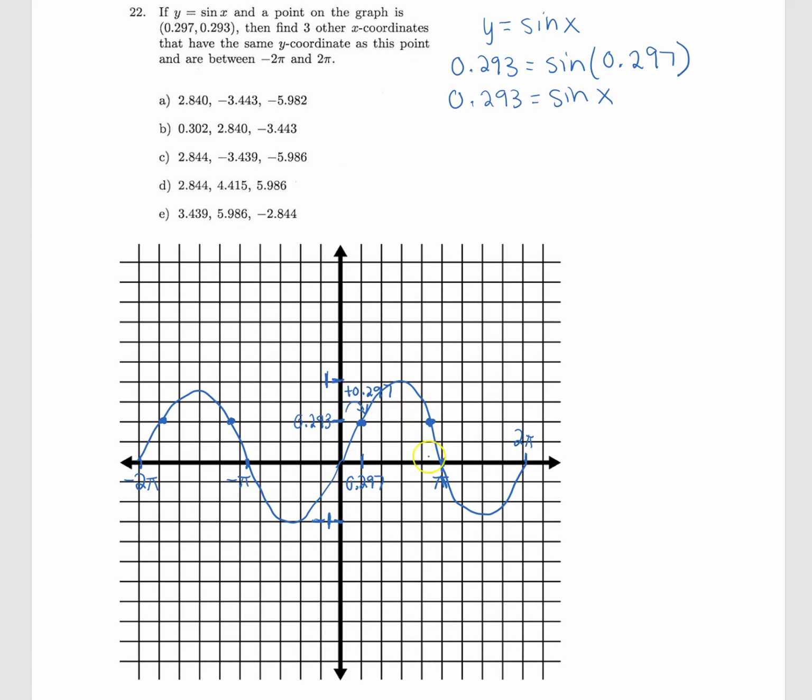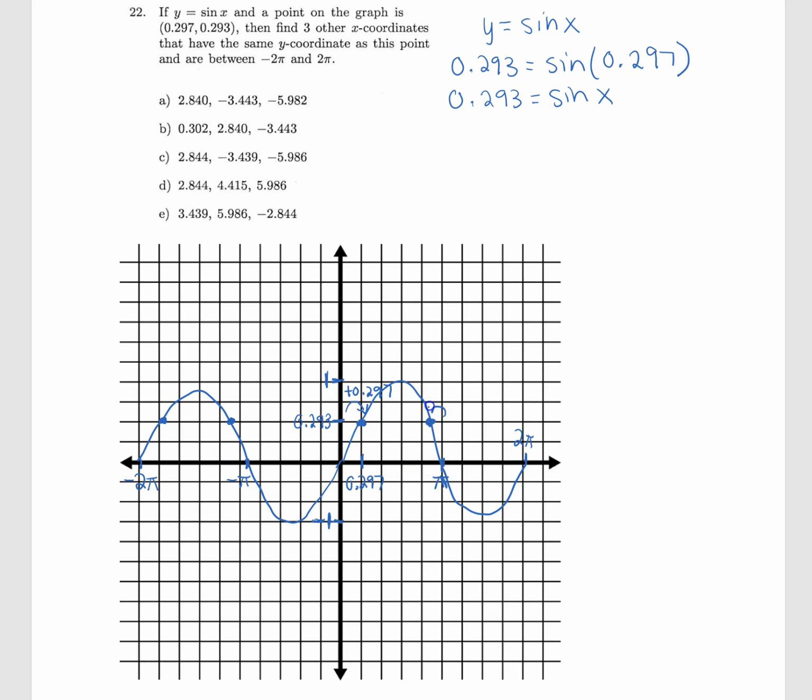And because this function is perfectly symmetric, since we crossed the x-axis at 0 and we've added 0.297 to get to this point, when we cross the x-axis again at pi, this will be the same distance away from pi as this is from 0.